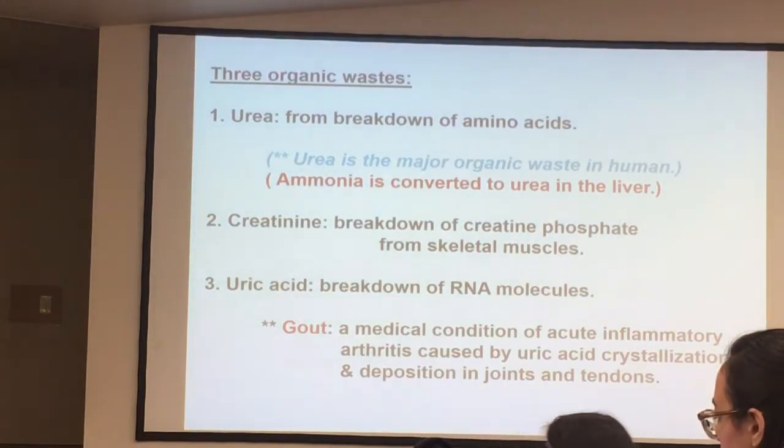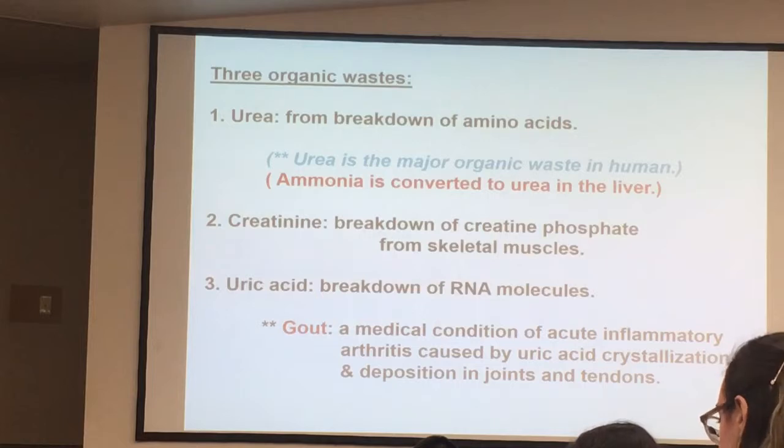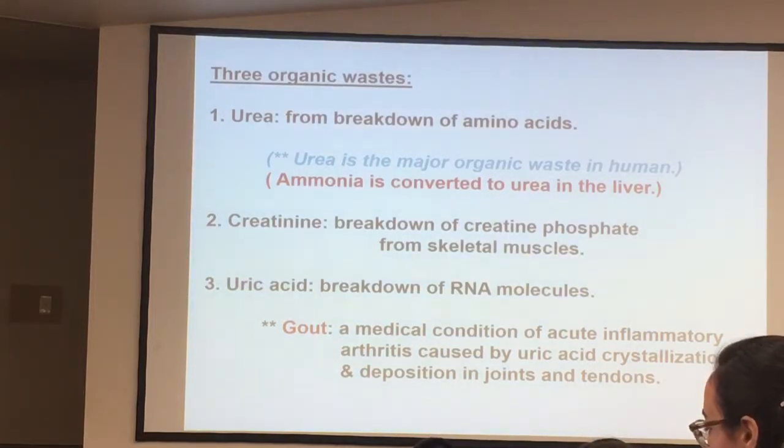Now we have to switch back to the other subject, talking about the organic waste. We have 3 types of organic waste in humans. Urea is number 1, creatinine is number 2, and uric acid. Urea is from the breakdown of amino acids, and it is formed in the liver.